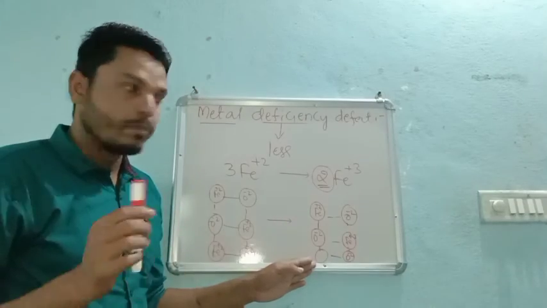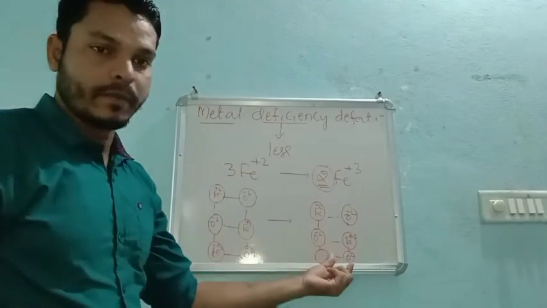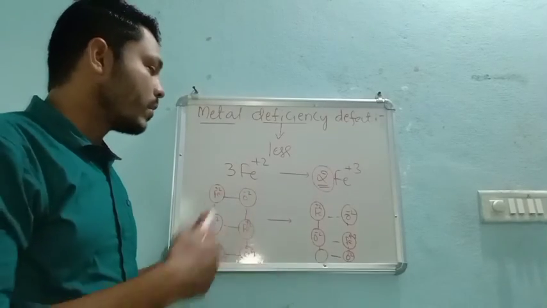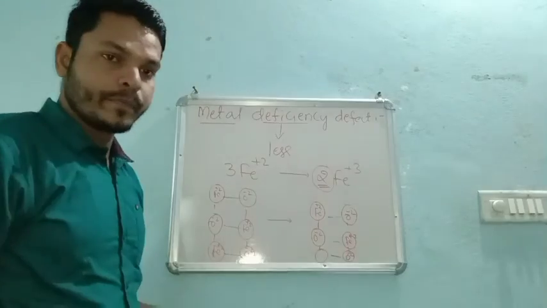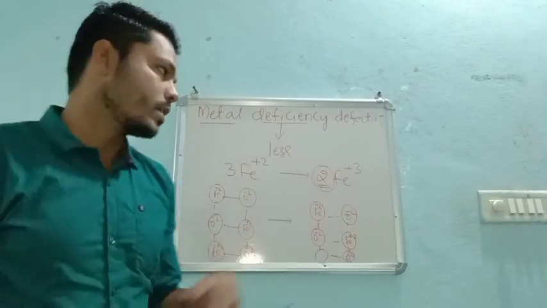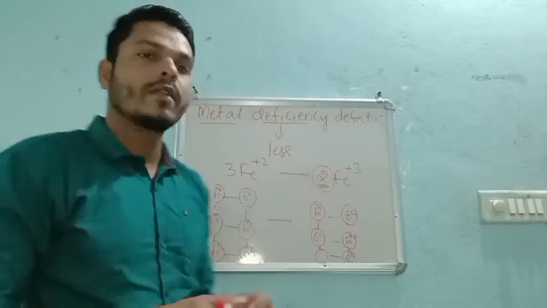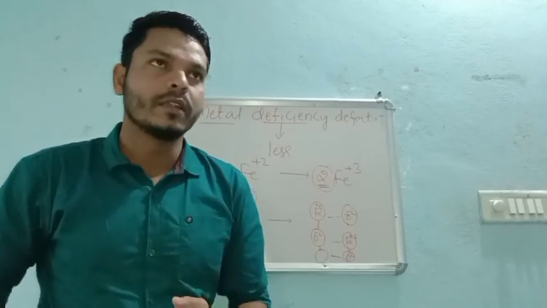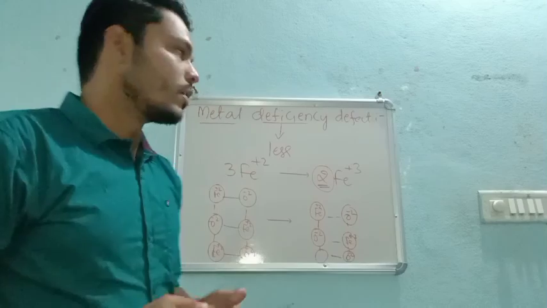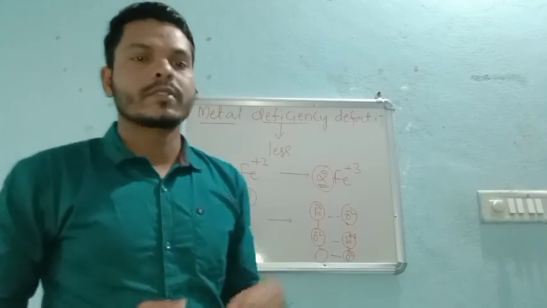That means metal deficiency came here. There were 3 metals, but because of the extra charge, they are restricted to 2 only. Such defects are called metal deficiency defect. So this is all about today's class, and in tomorrow's class we will see the next part of it.